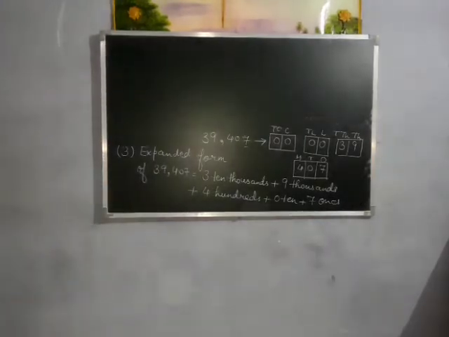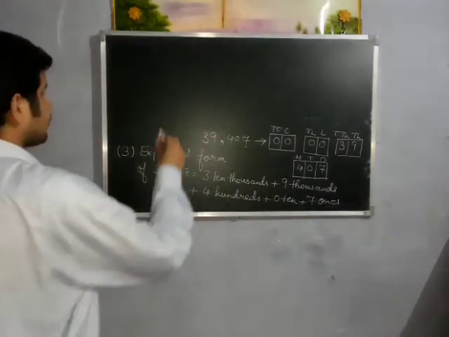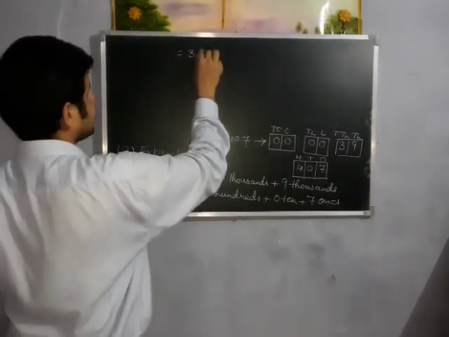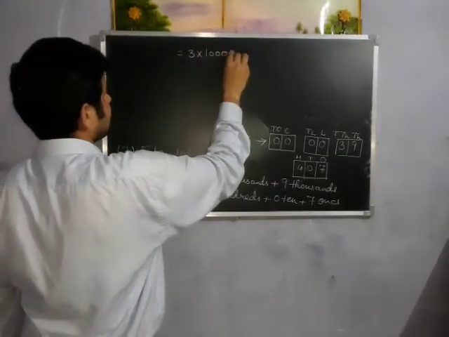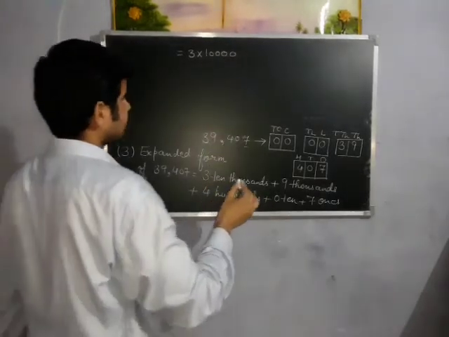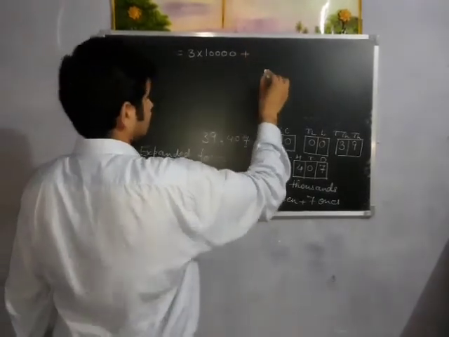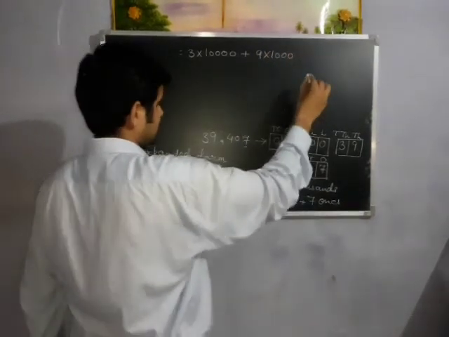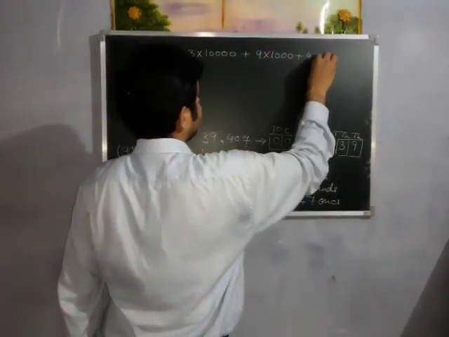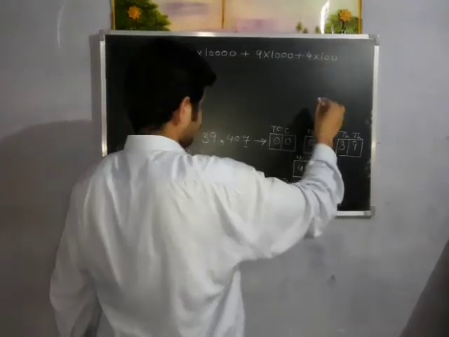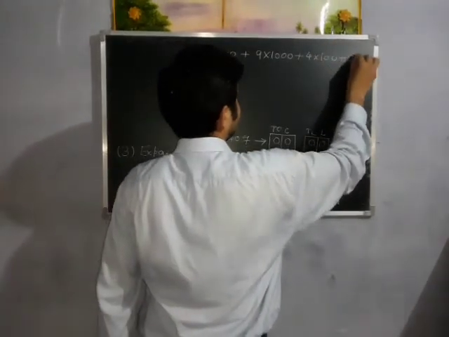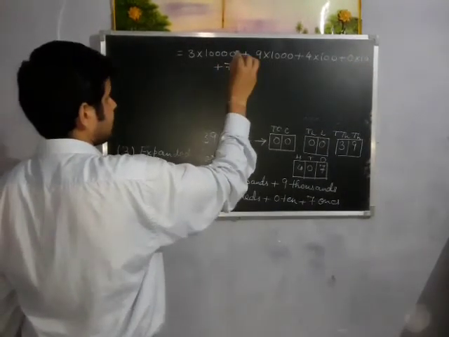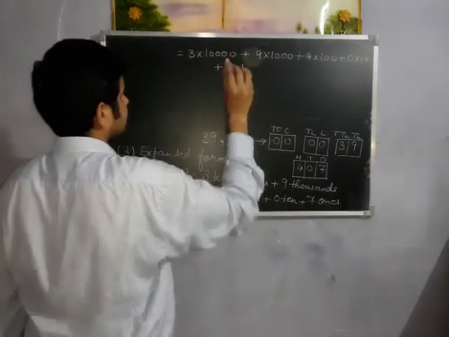In numerical form it will be written as 3 multiplied by 10,000 plus 9 multiplied by 1,000 plus 4 multiplied by 100 plus 0 multiplied by 10 plus 7 multiplied by 1.